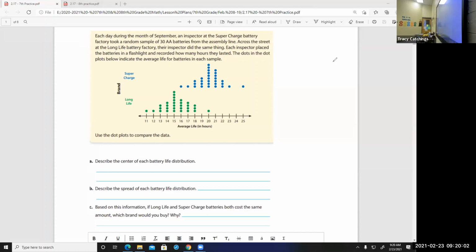Part A told us to describe the center of each battery life distribution. Looking at supercharged, what would you say that center would possibly be? Look at the points. These are my points. So which one most likely is the center of my data?